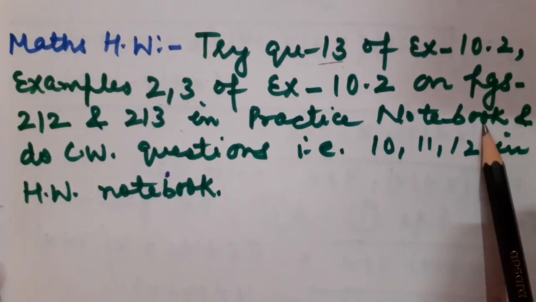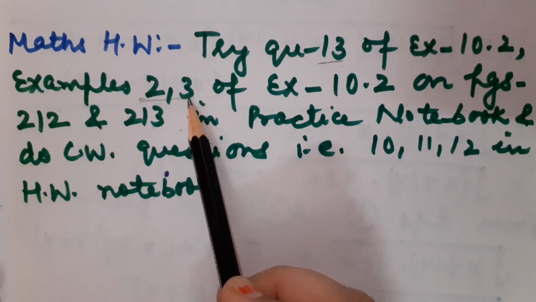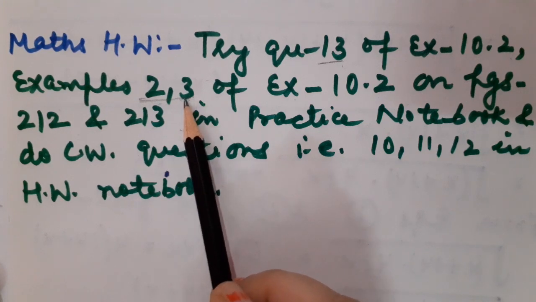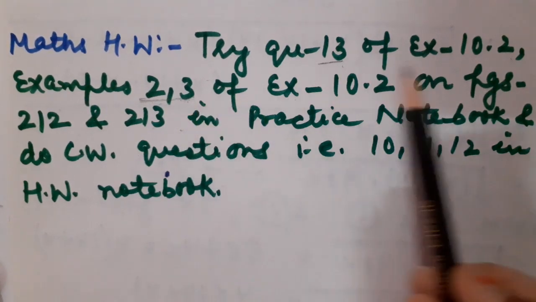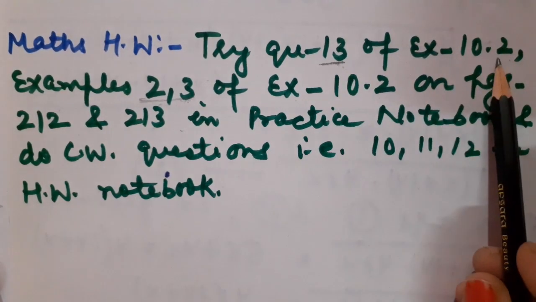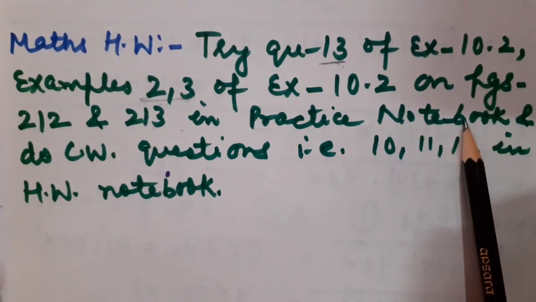In practice notebook, just try these 2 examples. Do it yourself. Do not go for the solutions which are written in the book. Fine. I hope you will be able to solve them in the easiest manner. And you have to try question number 13. This was given yesterday also to try. Fine. This is trial work which will be done in practice notebook.